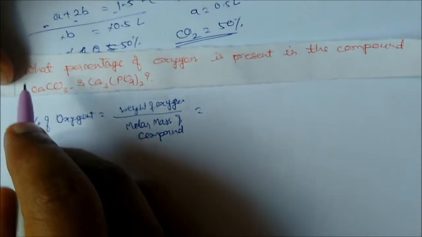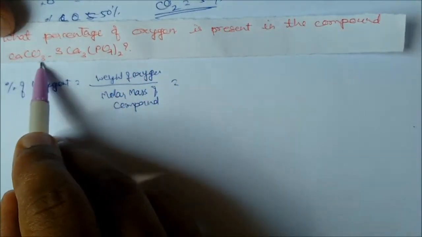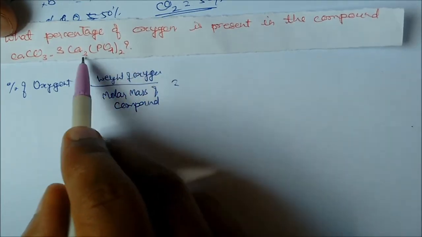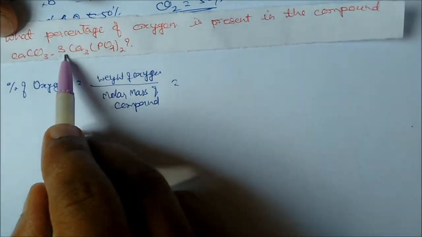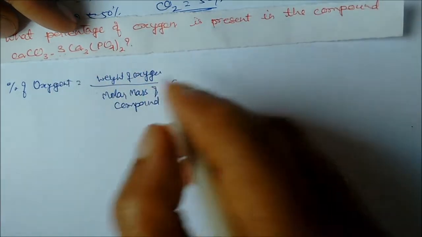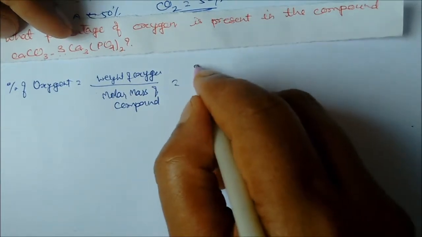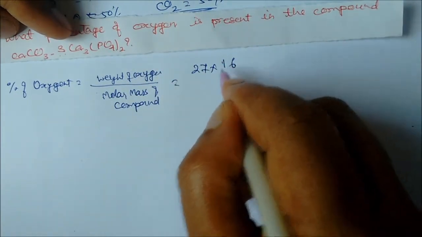If we take 1 mole, it has 3 moles of carbonate and 4 into 2 is 8 plus 8 into 3 is 24, 24 plus 3 is 27. So 27 moles of oxygen, and 1 mole is 16 gram.